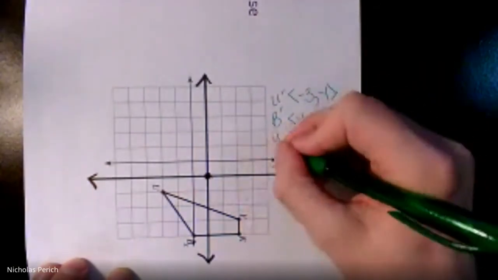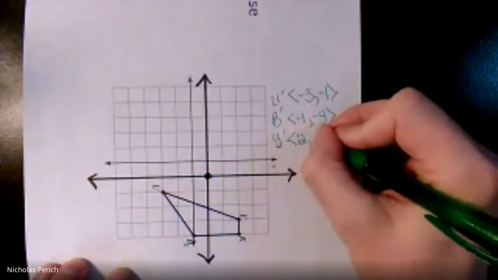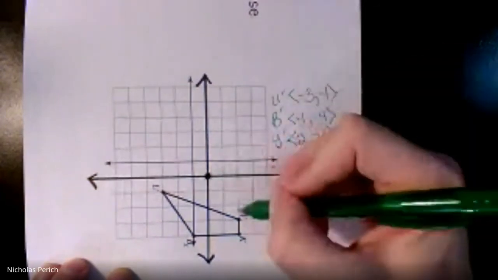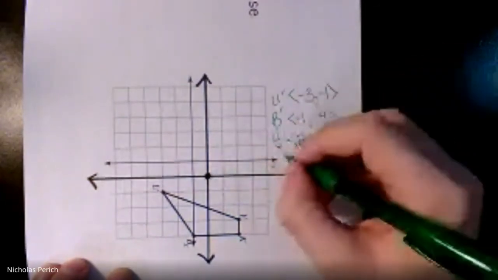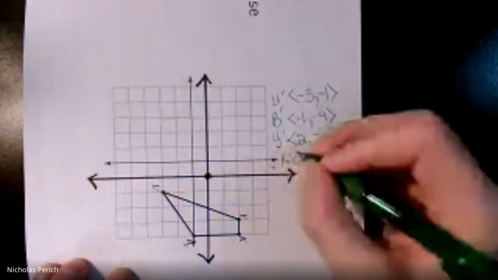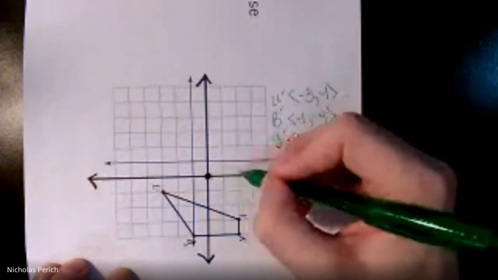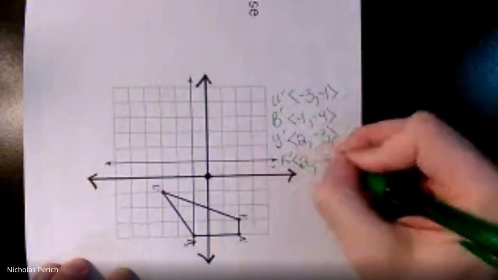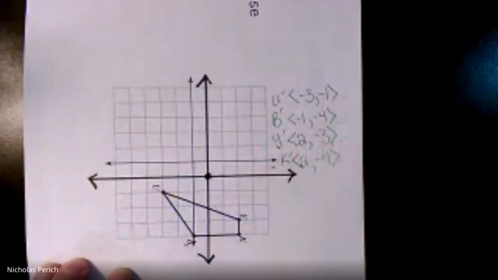So Y prime is right 2, down 3. And my K is going to have me go right 1, 2, down 1, 2, 3, 4. Right 2, down 4, all in vector form.